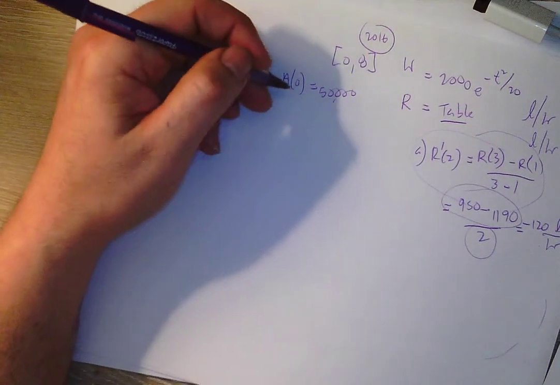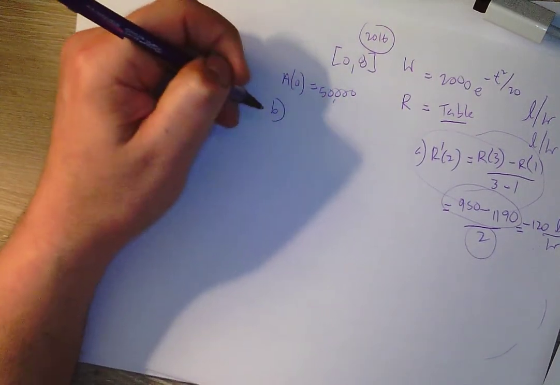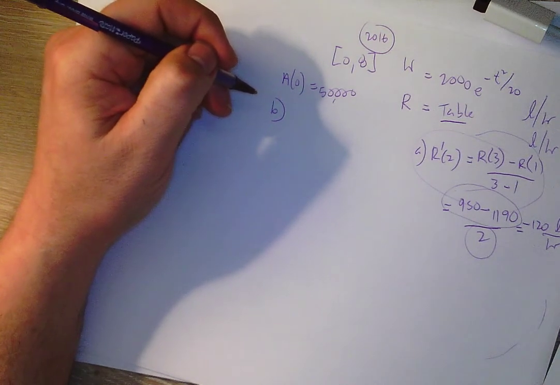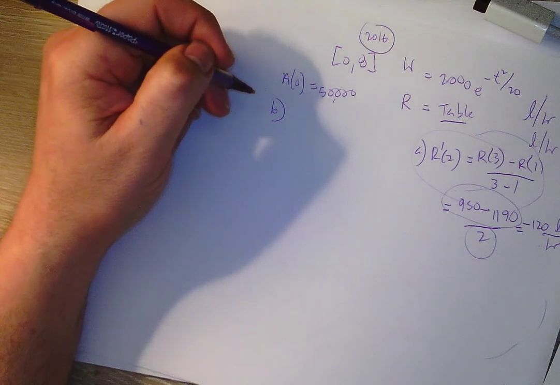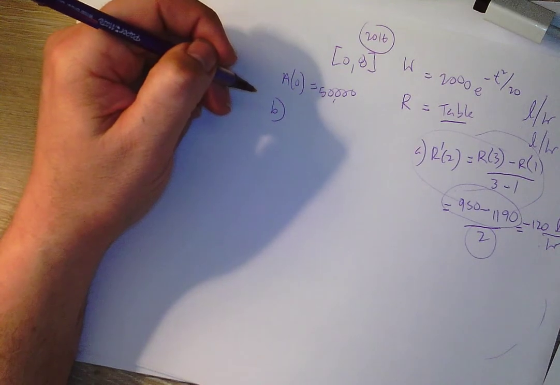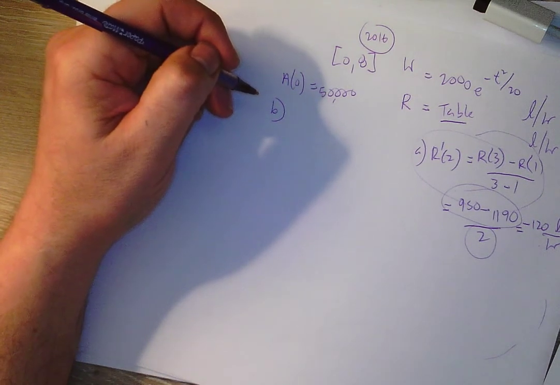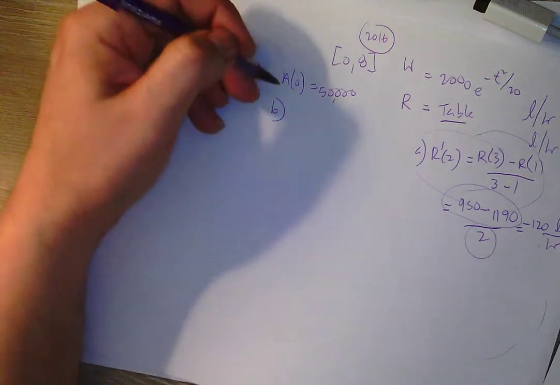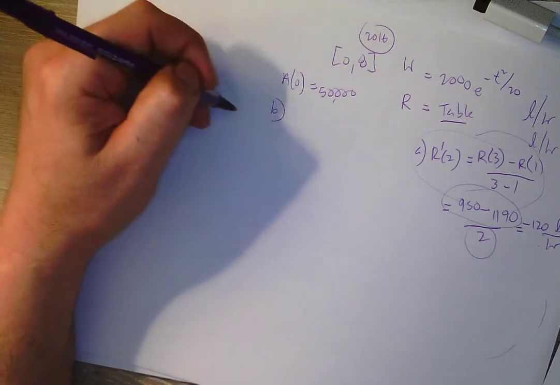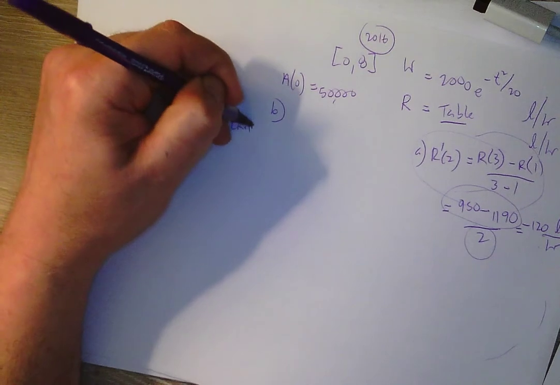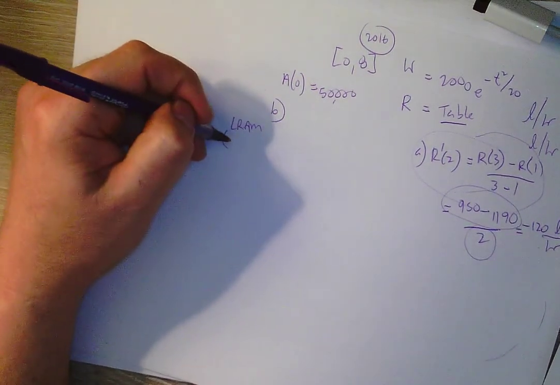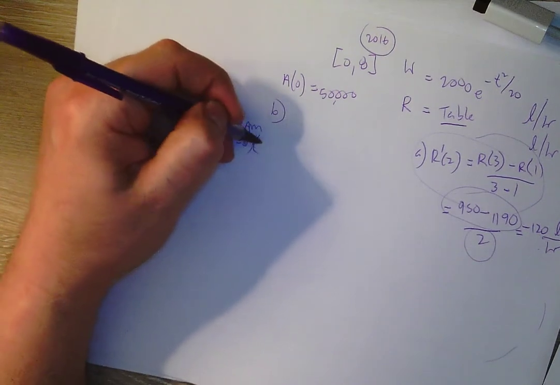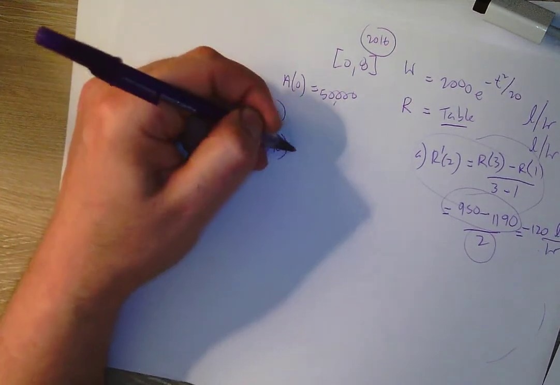Okay. B. Use a left Riemann sum with 4 subintervals to estimate the total amount of water removed during the 8 hours. Is this an overestimate or underestimate of the total amount? Give a reason. Okay, let's start with LRAM. My first subinterval goes from 0 to 1, and using the left height, I have 1340.